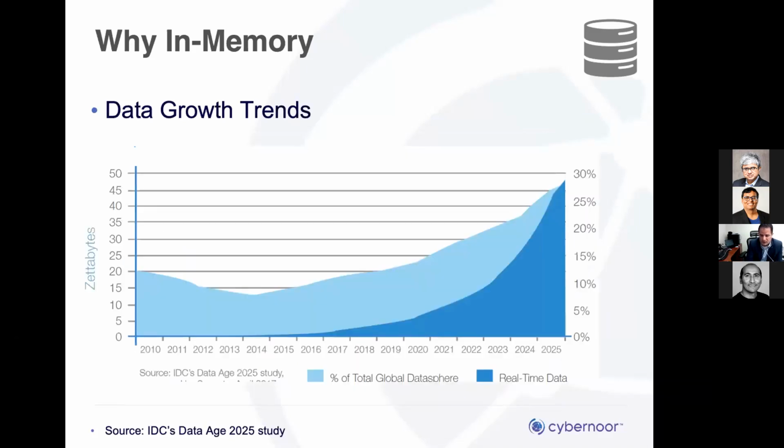Another interesting growth pattern is real-time data, in line with what we discussed earlier about real-time feeds, for example metering data and IoT device data, and also the need for business insight in real time, right?